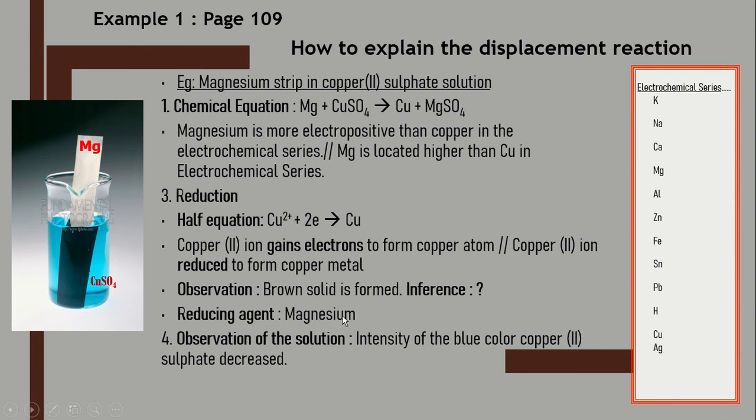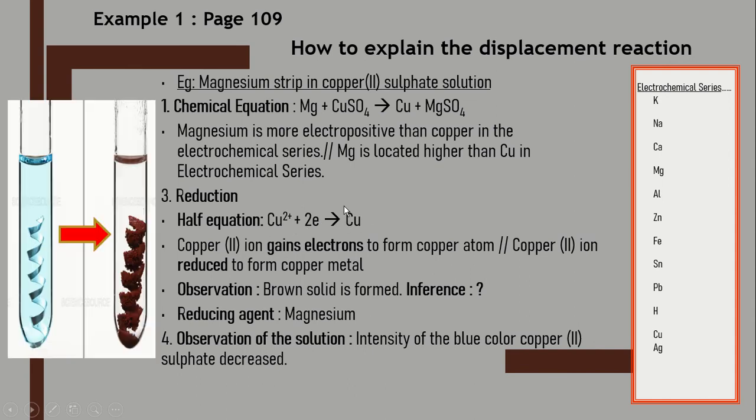Okay, so observation of the solution, biasa dia akan tanya observation of the solution, especially when we use the color solution such as copper sulfate. So we can say the intensity of the blue copper become decrease. Keamatan warna biru ni akan semakin pudar. Kenapa makin pudar? Because yang menyebabkan warna biru adalah Cu2 plus ion. Cu2 plus ion di sini telah di reduce ataupun telah dinyahcas. Kalau kita belajar elektrolisis dulu, dinyahcas dengan menerima elektron untuk menghasilkan copper.